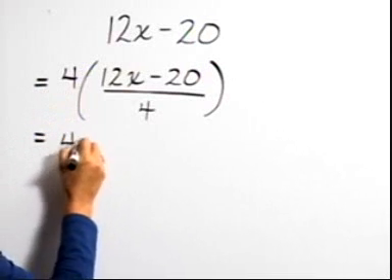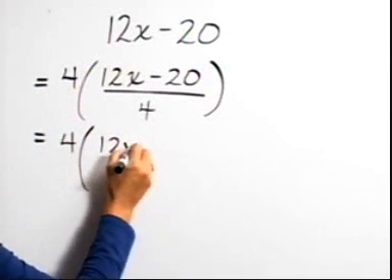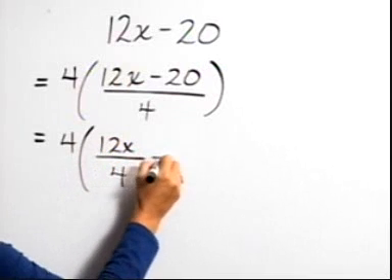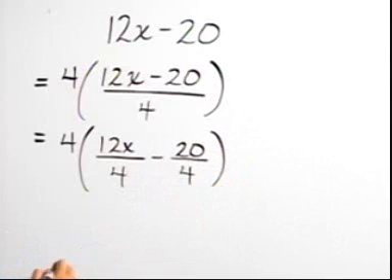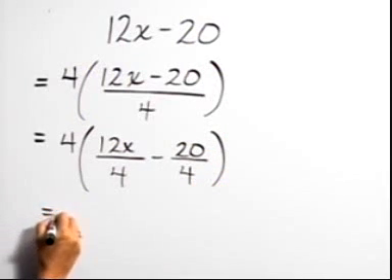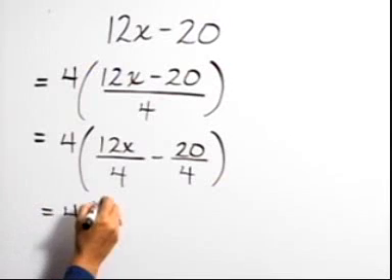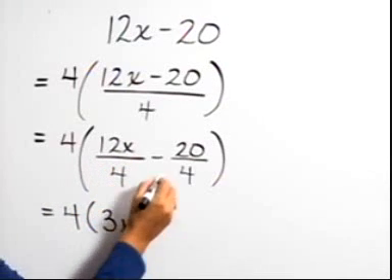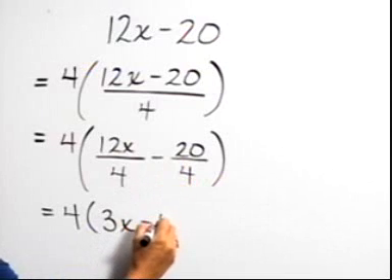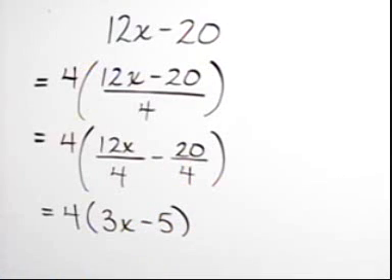That equals 4 times 12x over 4 minus 20 over 4, separating our numerator over the denominator. Finally, doing the division, 12x divided by 4 is 3x, and 20 divided by 4 is 5. So our final factorization is 4 times 3x minus 5.